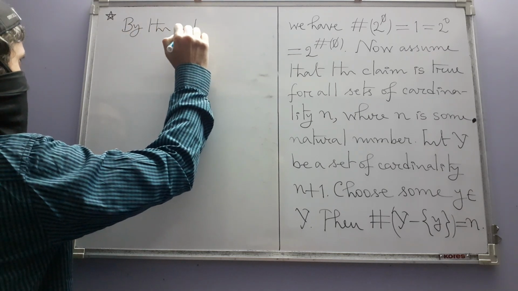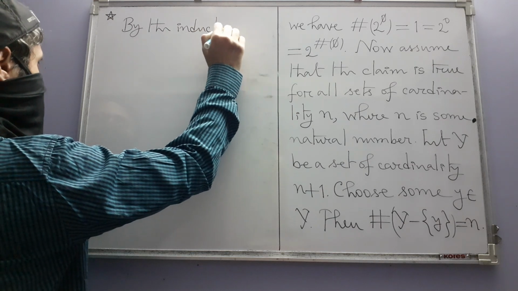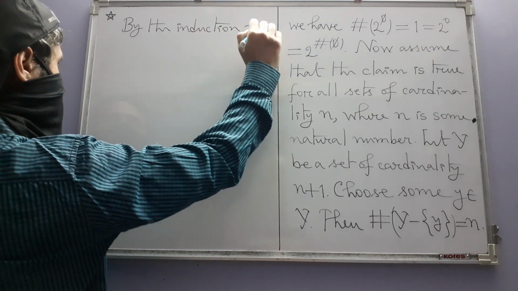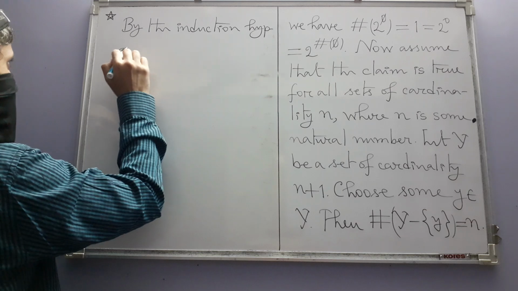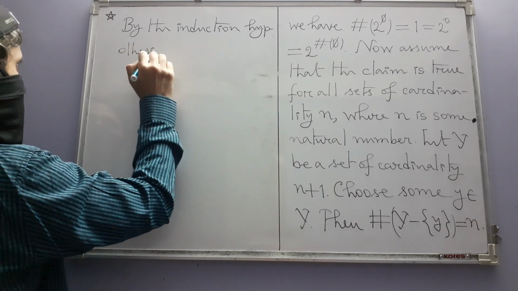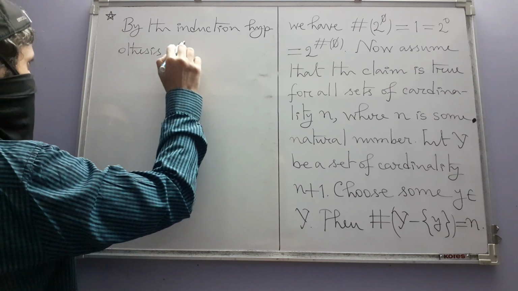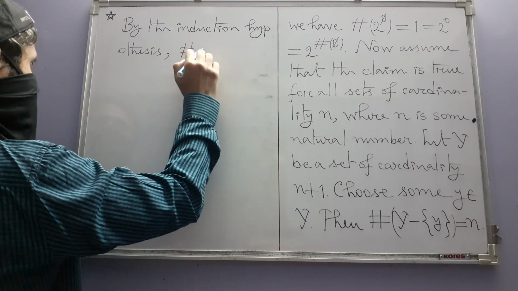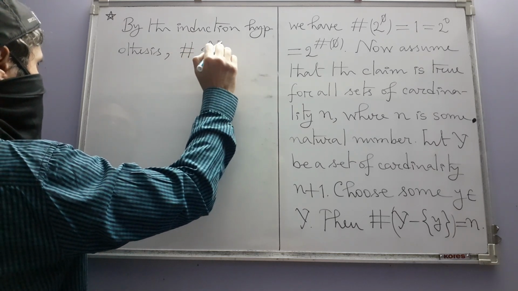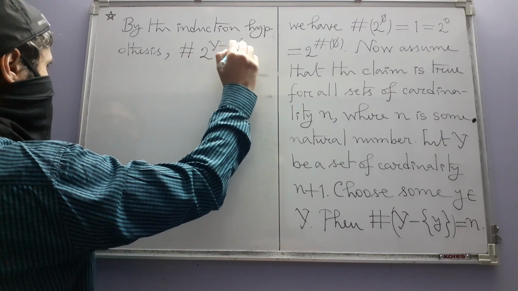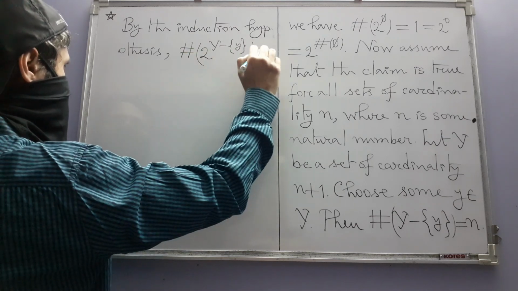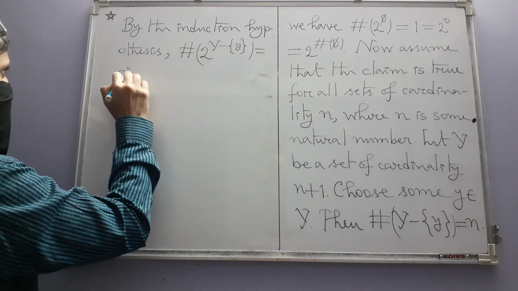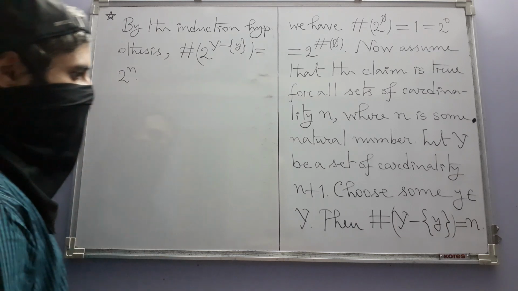By the induction hypothesis, the cardinality of the power set of Y minus y is 2 to the power n.